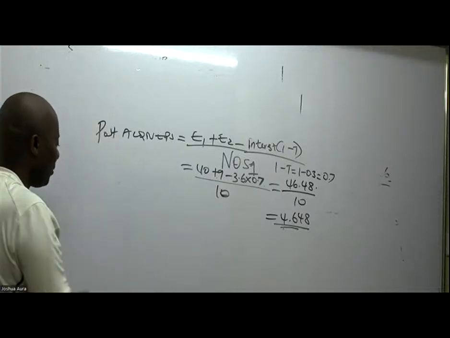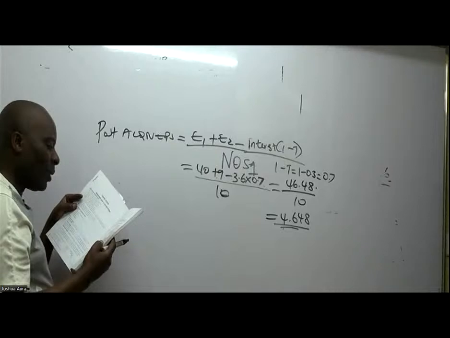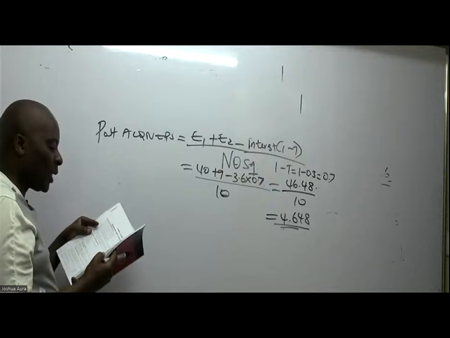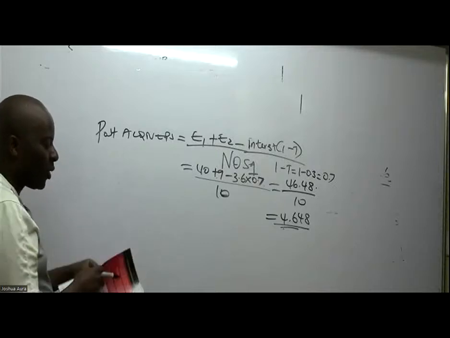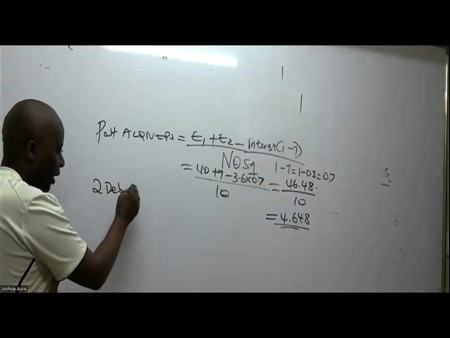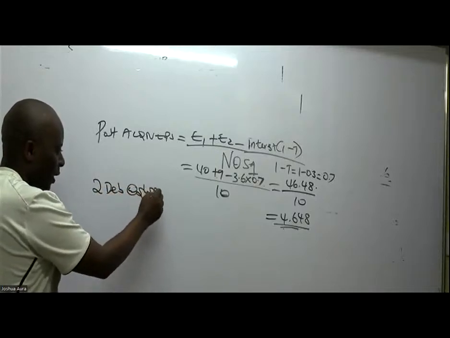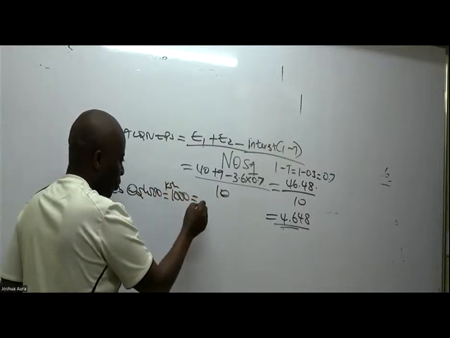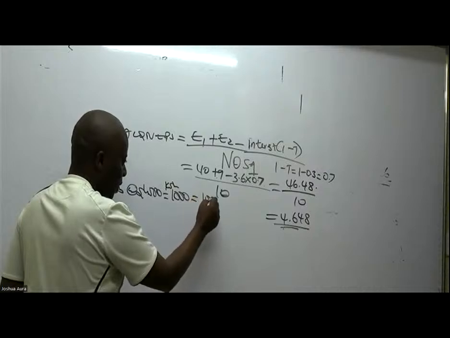Remember in the total debt, they were giving us 100 ordinary shares, and we were giving them 12% debentures of 500 par value. So we were giving them two debentures, and each debenture is 500. This is how we got 1,000 Kenya shillings for 100 shares.